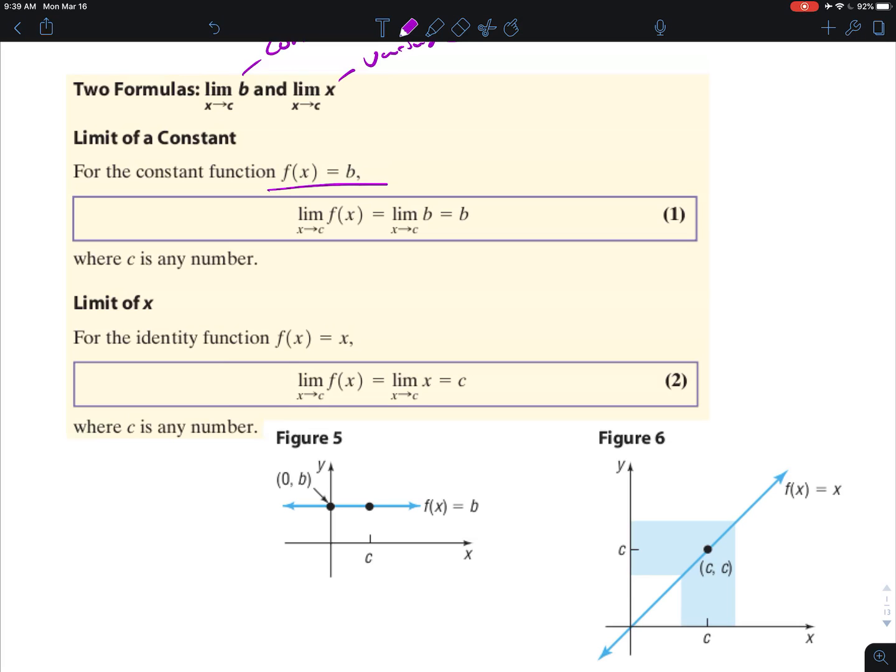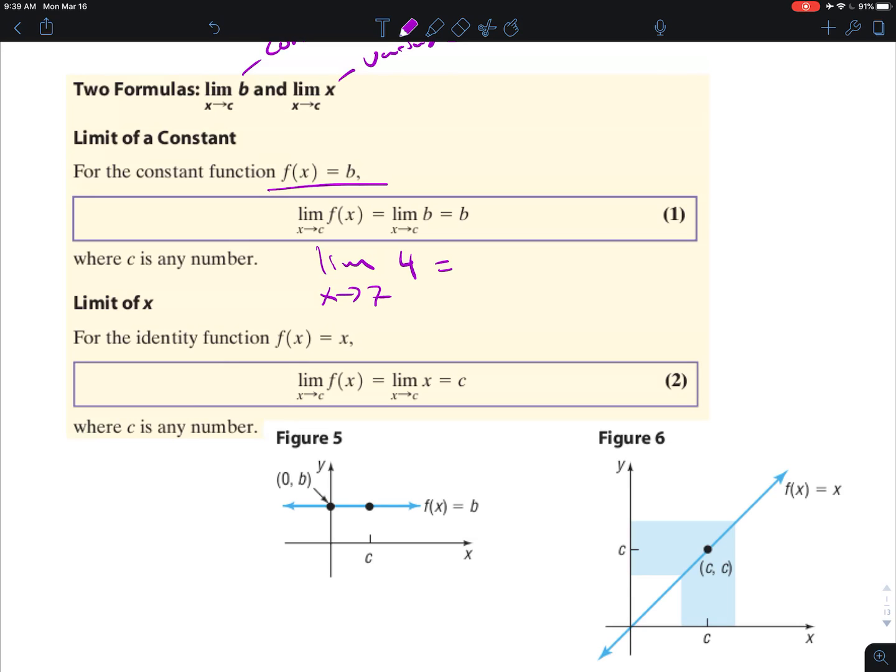f of x equals b. If I take the limit of, it could be just y equals 4. So the limit as x approaches any number of 4. So the limit as x goes to, let's just pick a number, 7 of 4.